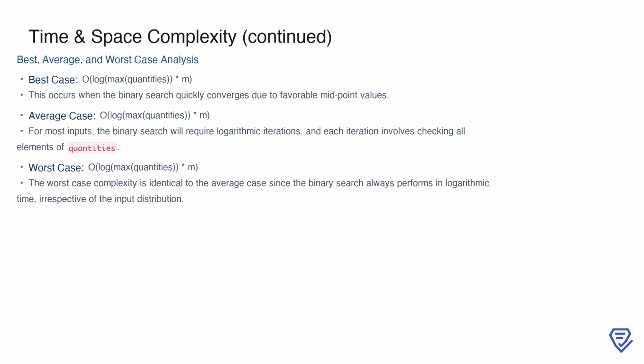This also results in a complexity of O(log max quantities * M). Lastly, the worst-case scenario occurs when the binary search takes the maximum number of iterations, but even then, the complexity remains O(log max quantities * M). This consistency across cases highlights the robustness of the algorithm under varying input conditions.